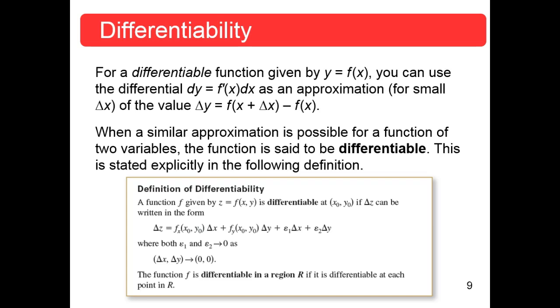A function f given by z is equal to f of x, y, so right now we're sticking with two independent variables and one dependent variable, is differentiable at some point x0, y0 if delta z can be written in the form delta z equals f sub x, the partial of f with respect to x, at that point x0, y0 times delta x, plus the partial of f with respect to y at that point times delta y, plus epsilon 1 and epsilon 2, which refer to how far off you are, where both epsilon 1 and epsilon 2 approach 0 as delta x, delta y approaches 0, 0.